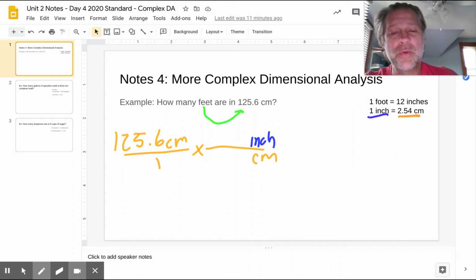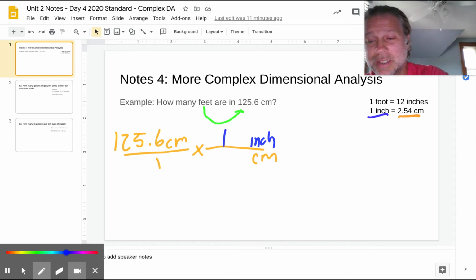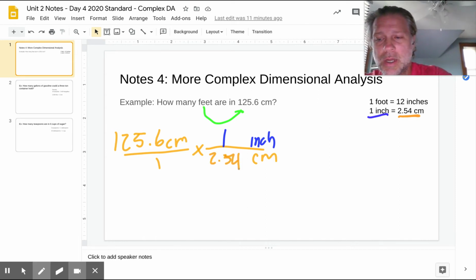So what I'm really doing is setting up a math relationship where I can cancel out my units, which in this case will be centimeters. So I'm now going to fill in my values. 1 inch is equal to 2.54 centimeters.